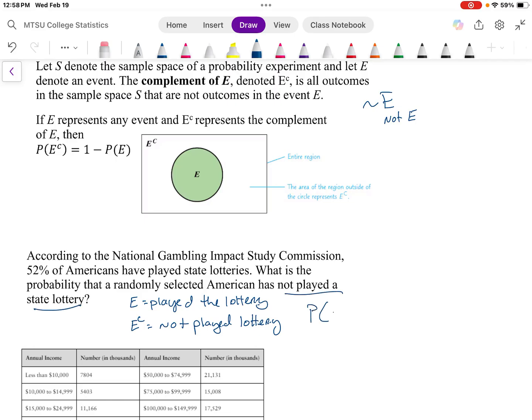So what's the probability of E complement? I can use the complement rule: 1 minus the probability of event E, which we've defined as played the lottery. So 1 minus 0.52 gives me 0.48. There is a 48% chance that a randomly selected American has not played the state lottery.